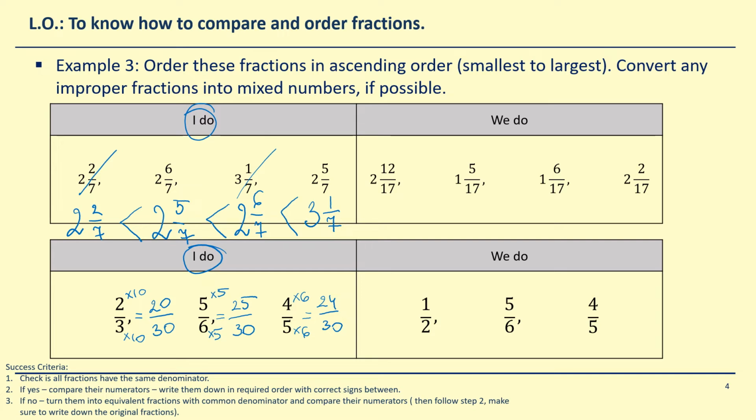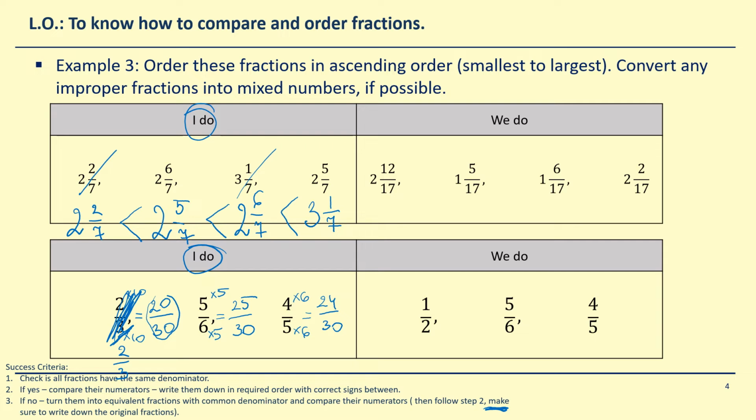But notice that you need to make sure to write the original fractions. So I know that this fraction is the smallest, so I write down the original fraction first.